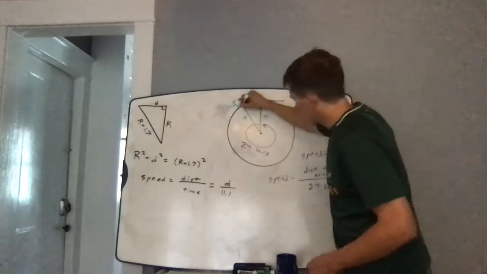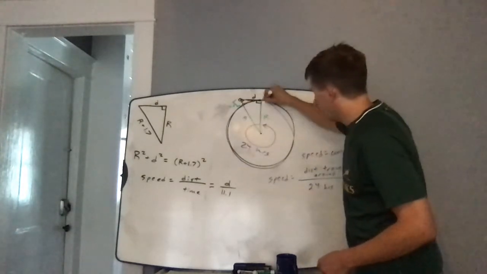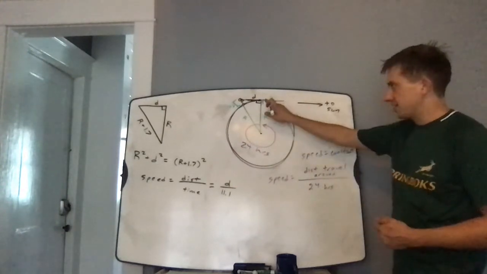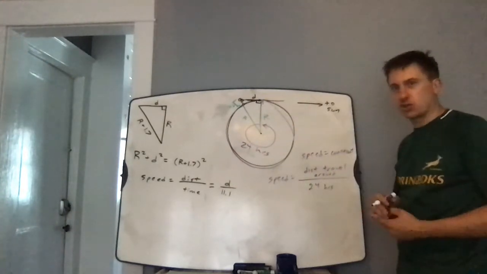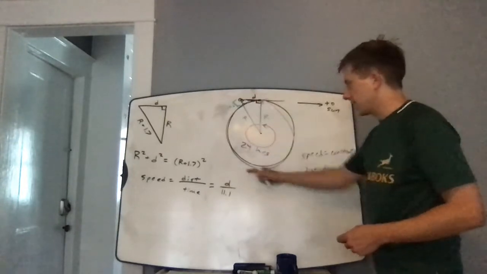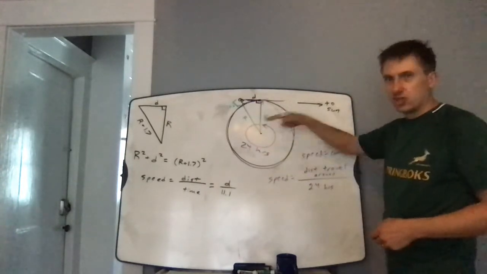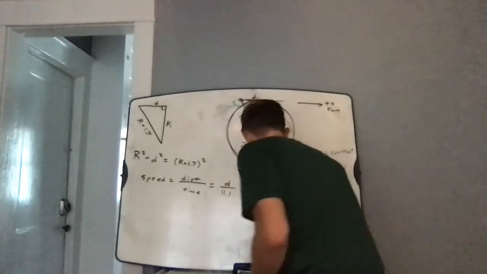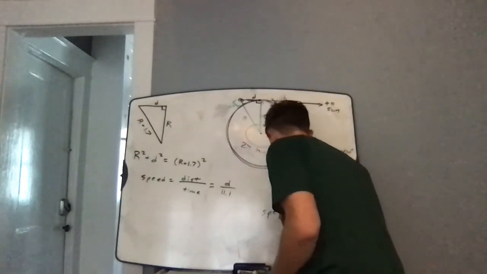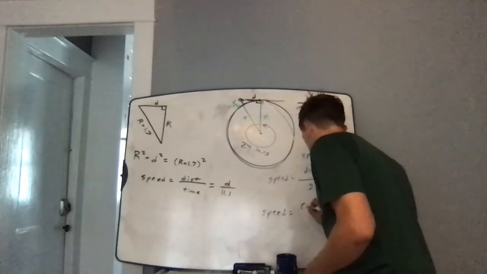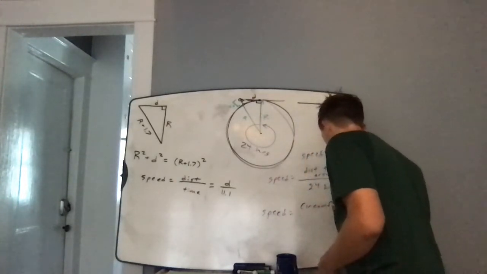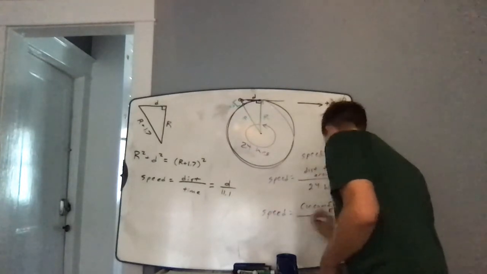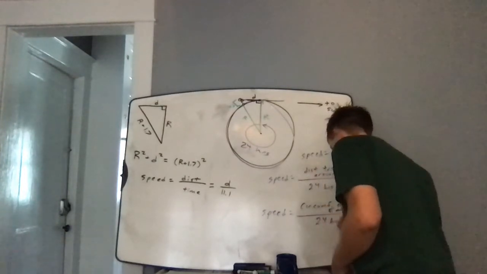Because we're going from here, we're going all the way around once in 24 hours. Well, what is this distance traveled? I look at this picture, and the distance I travel here would be a circle. So the distance traveled would be the circumference of the circle. So I could write the speed that I'm traveling at would be the circumference of the Earth over 24 hours.